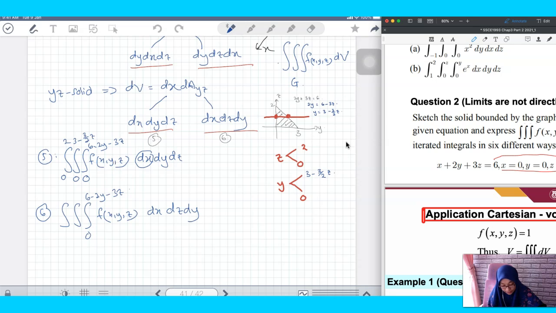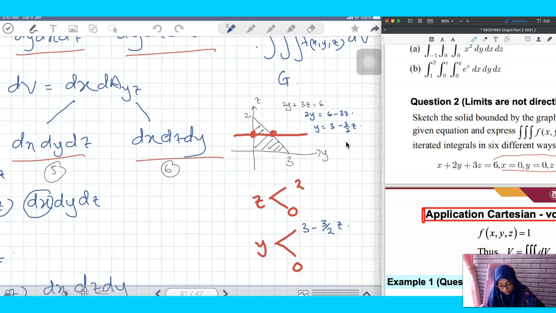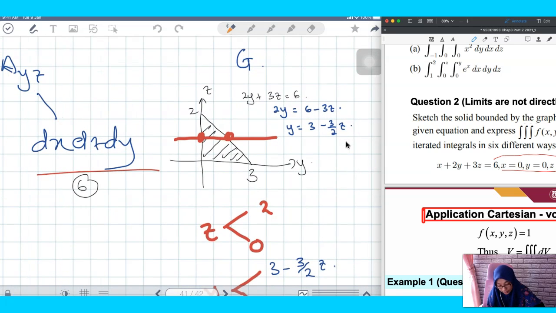Now we have y constant, which means now you have to have the vertical line. So y is lying between 0 to 3. And then z, the lower bound of z is this, and the upper bound is this.